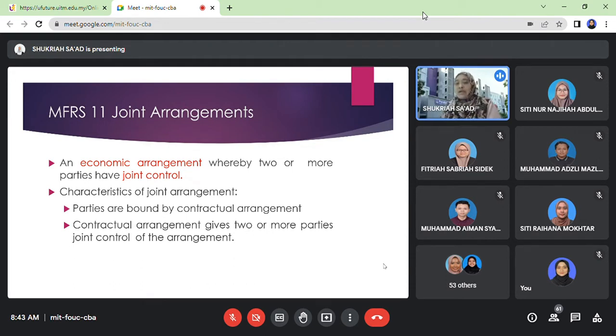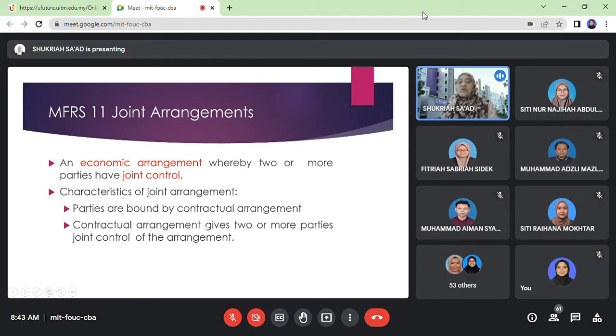So one of the characteristics, as I mentioned earlier, is that you must have a documented contract, meaning black and white. And then the contractual arrangement gives two or more parties joint control of the arrangement.